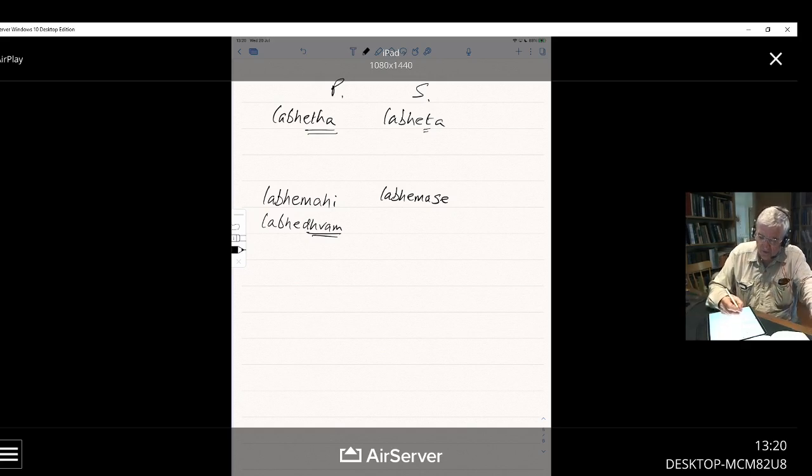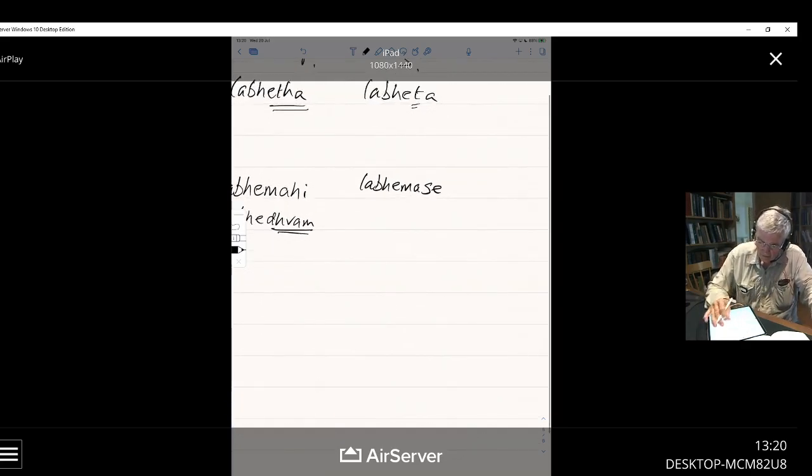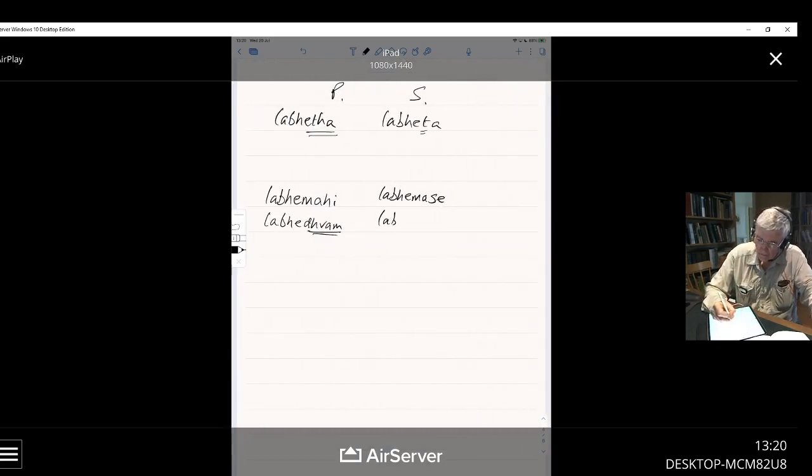And this dva will morph into a v in Pali. So labhedvam, labhevho. You don't often see that at all.